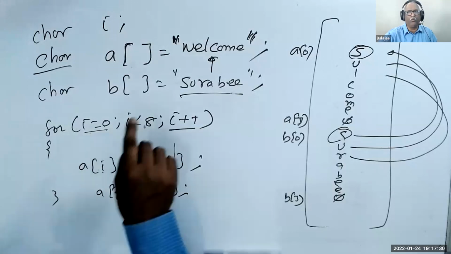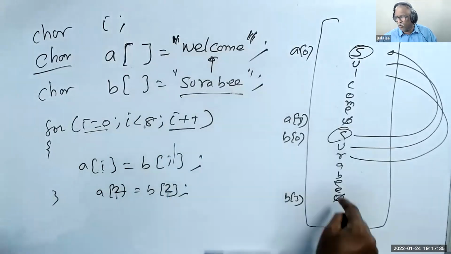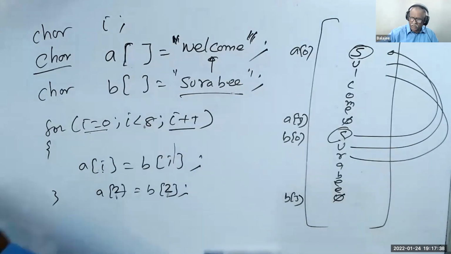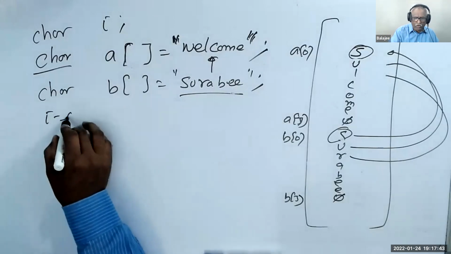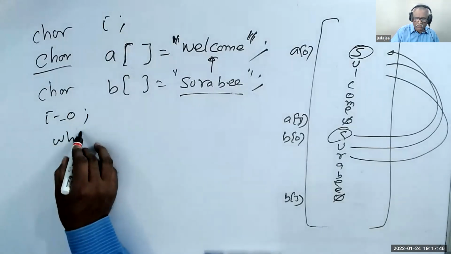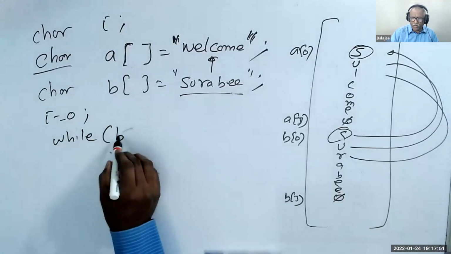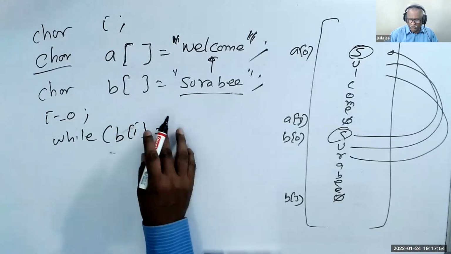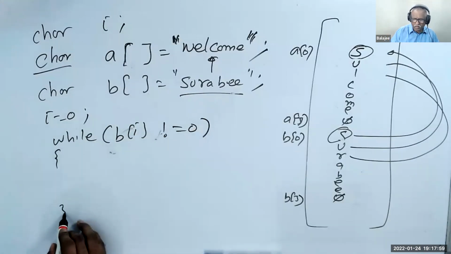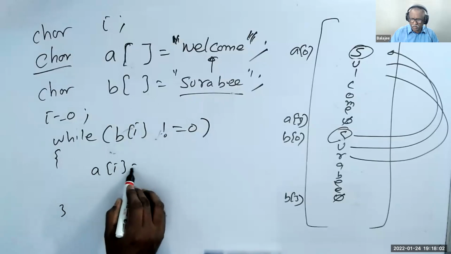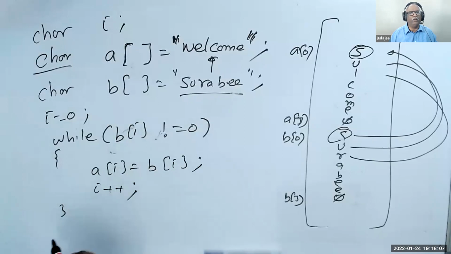We know that a string ends with 0. So I do not have to say it like this. I will say now: I is equal to 0, while B of I is not equal to 0, because I'm moving from B to A. Understand now?